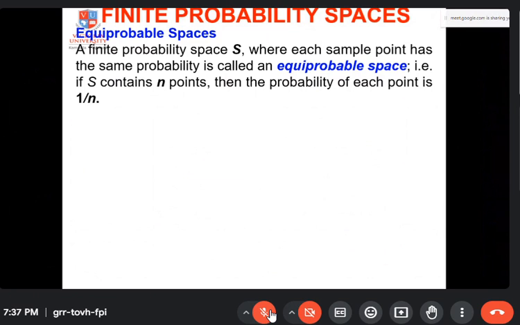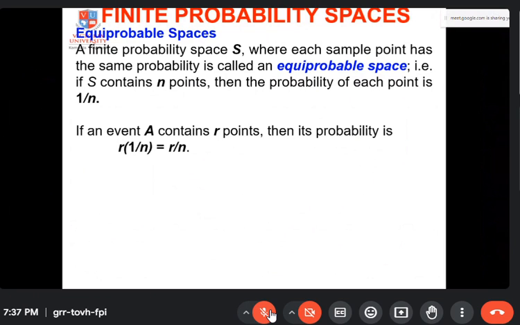Then if the number of points in that sample is n, we just say n times that probability. I can take you back to the first example, where we were talking about days in a week. There are 7.